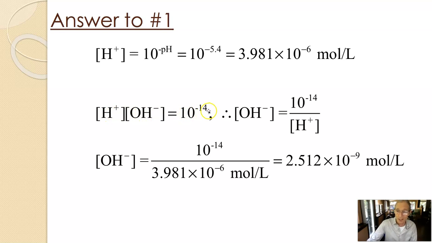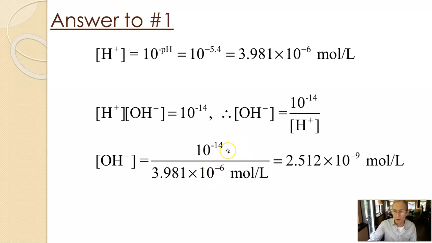If you rearrange it, the hydroxide ion concentration is 10 to the negative 14 divided by the hydrogen ion concentration. So we'll just plug that in, 10 to the negative 14 over what we calculated here for the hydrogen ion concentration, 3.981 times 10 to the minus 6 mole per liter.